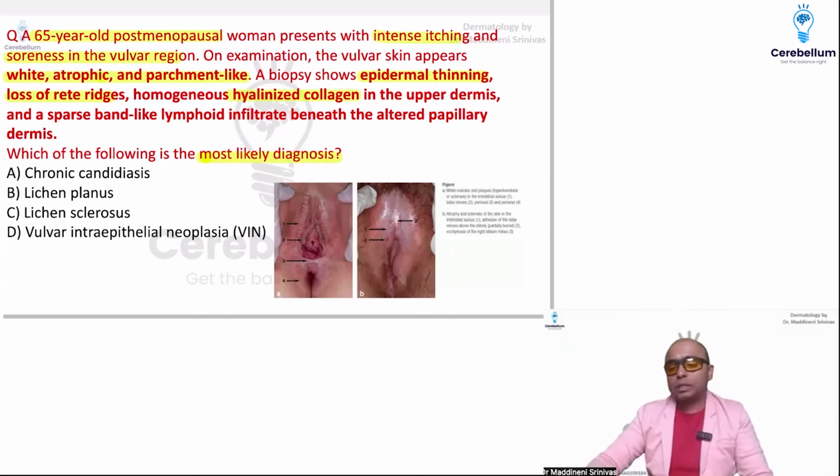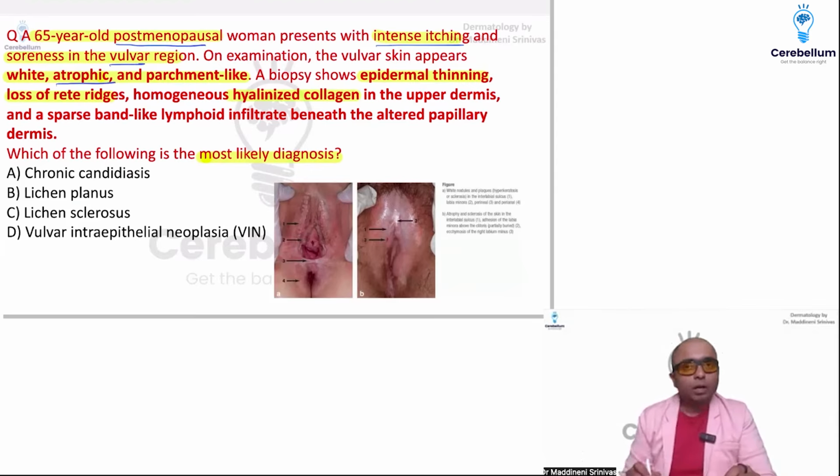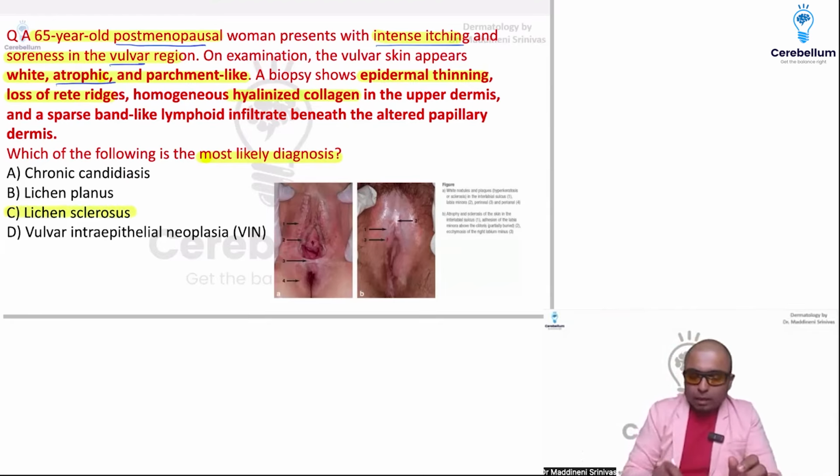Remember, dear students, whenever you get a post-menopausal woman with a lesion which is intensely itchy in the vulvar area associated with atrophy, you should think of a condition called lichen sclerosus. The complete name is lichen sclerosus et atrophicus.